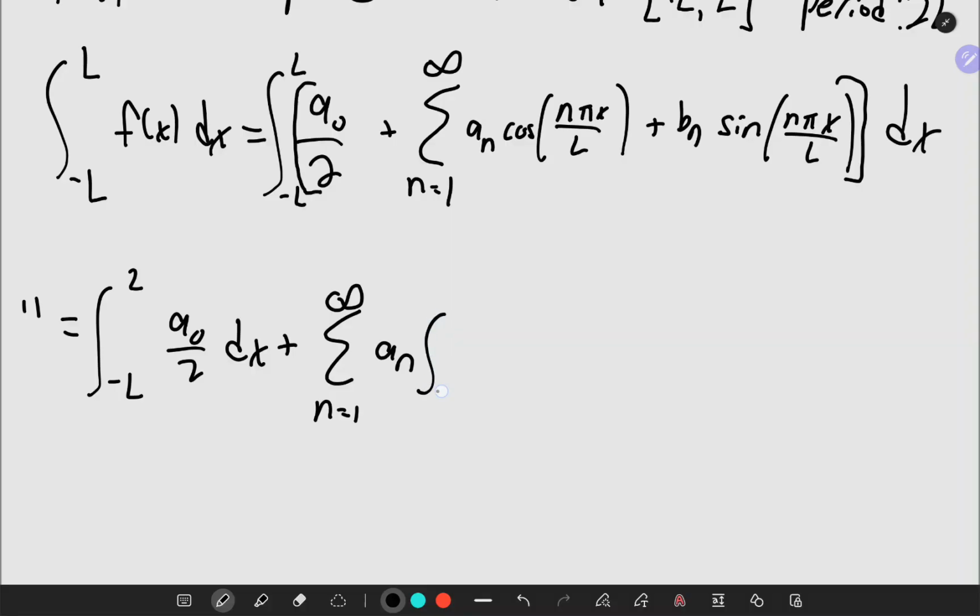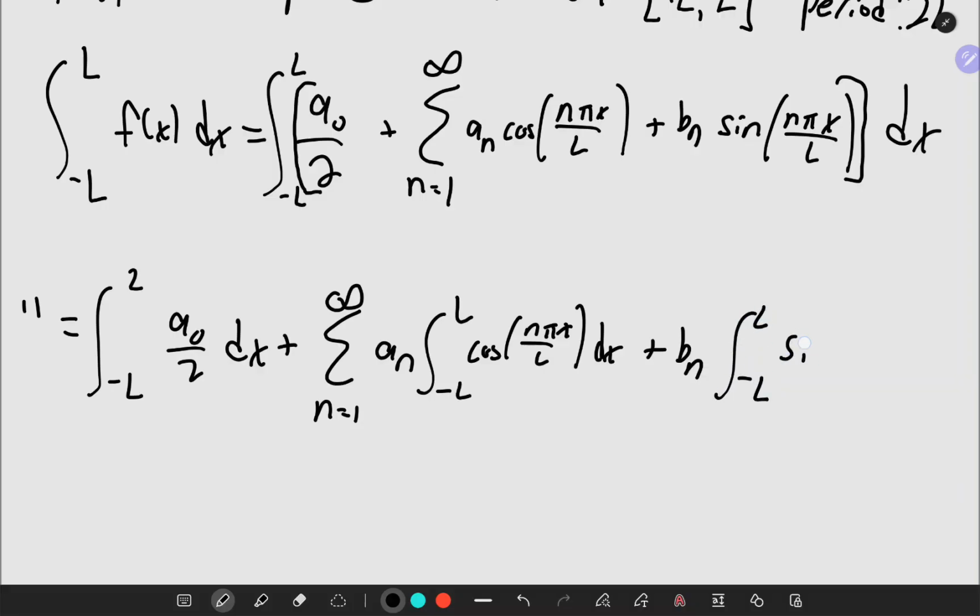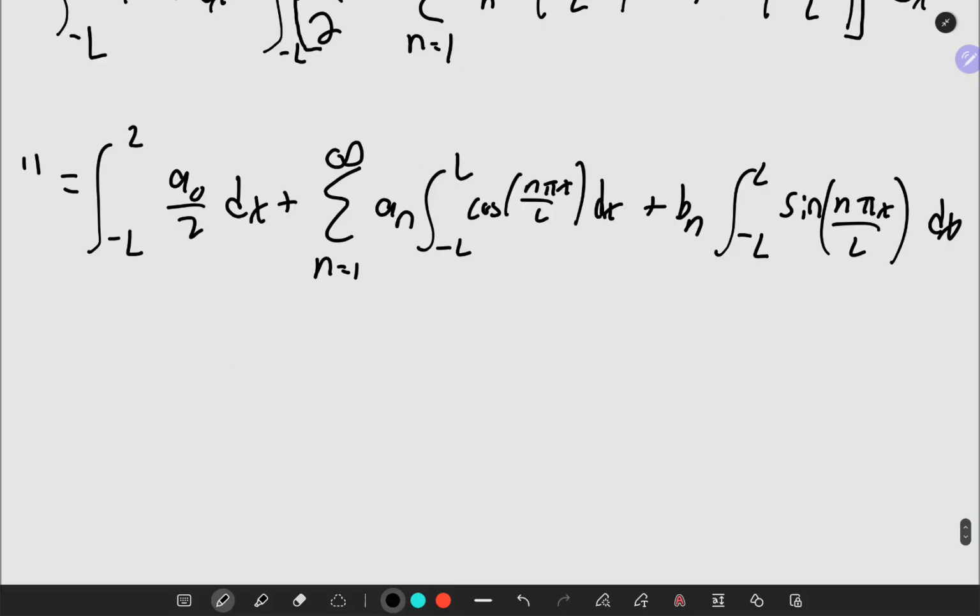That's a coefficient, so you can pull it out. Integral from negative L to L of cosine n pi x over L dx plus b sub n integral from negative L to L of sine n pi x over L dx.